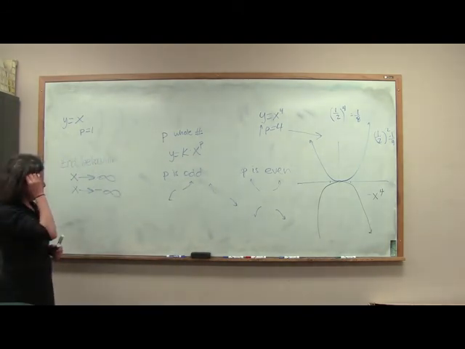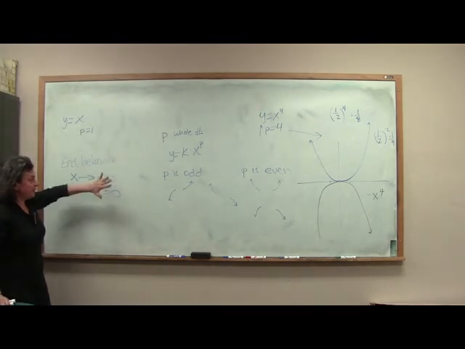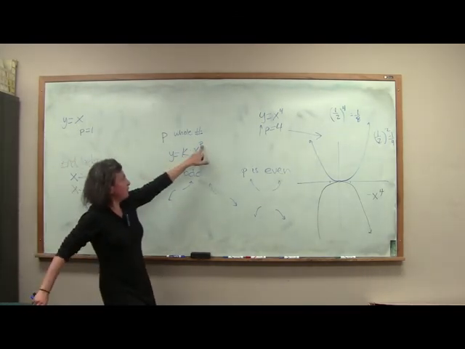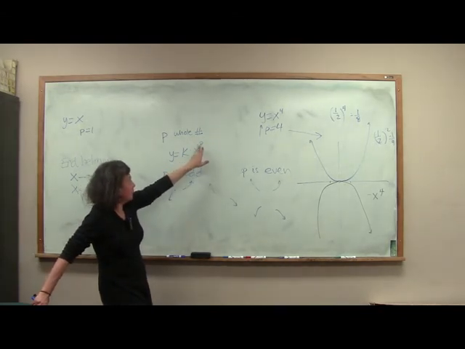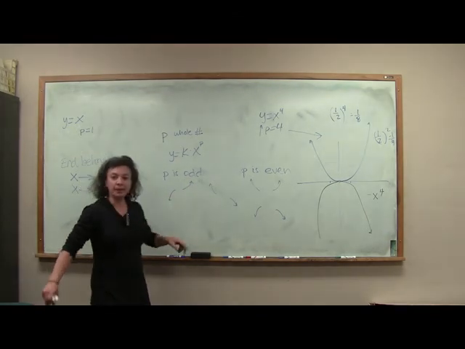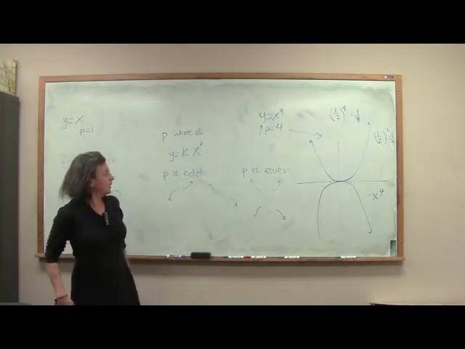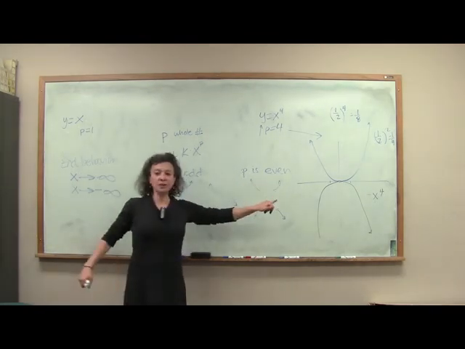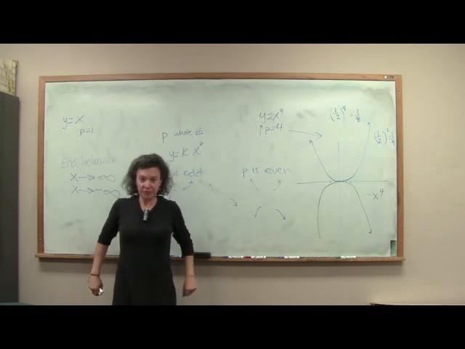All right, so the moral of the story that I want to get across to you with this last little bit is the following. If our power is odd, that means one arm is up and one arm is down. So it's either going to look like this or like this. If your power is even, then both arms are up or both arms are down.